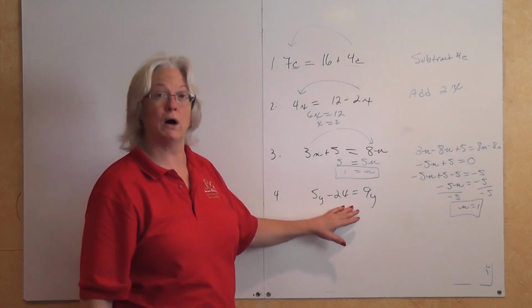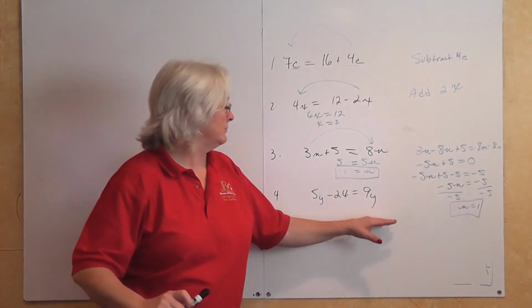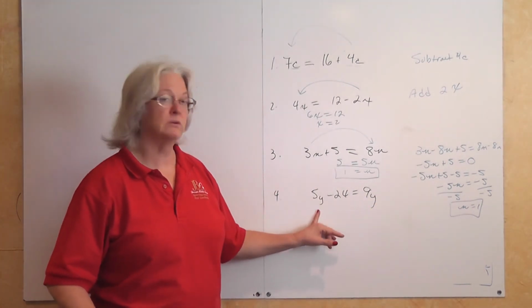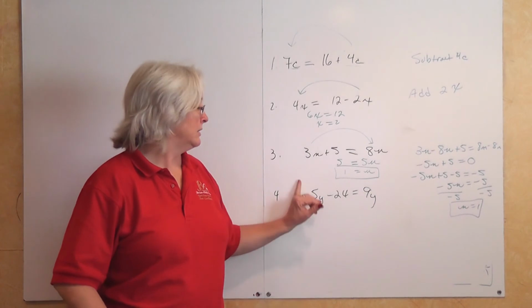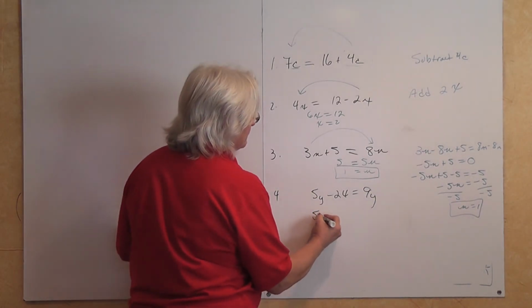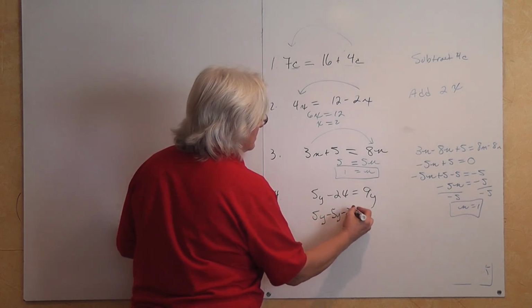We have 5y minus 24 is equal to 9y. The coefficient here is larger, so we're going to eliminate the 5y. It's a positive 5y, so we'll subtract 5y from both sides of the equation.